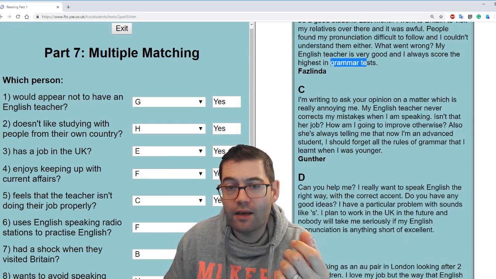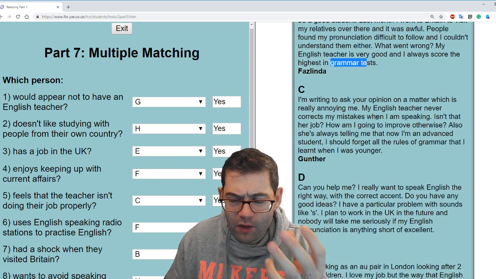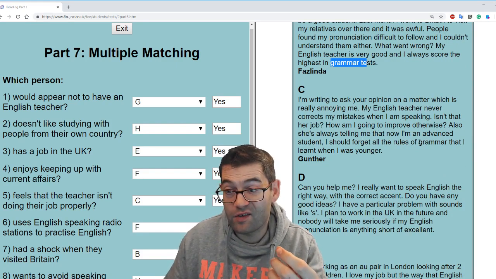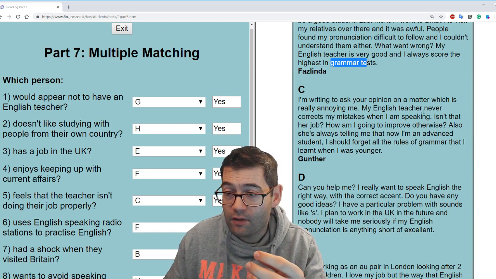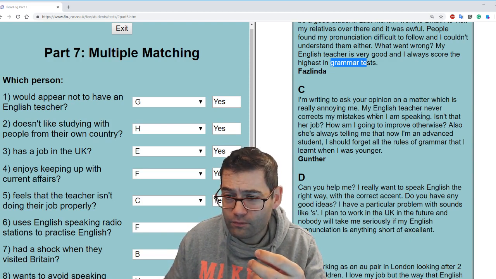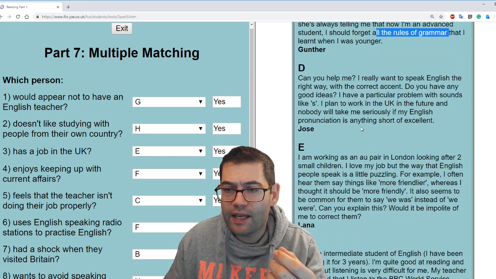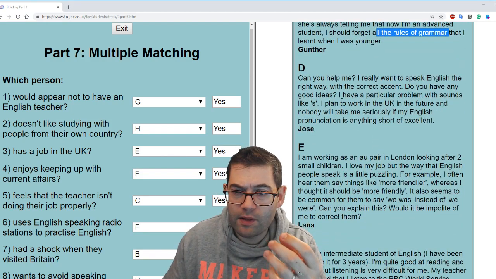For C, we've got a complaint, really, that the English teacher never corrects her, and that she should forget rules of grammar. So we could highlight perhaps this part here. For D, the problem here is one of accent.